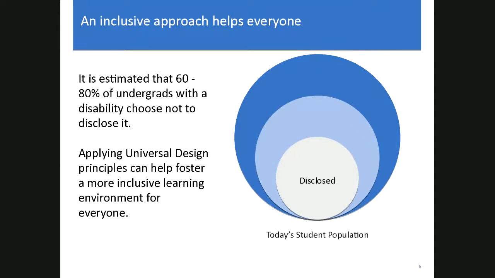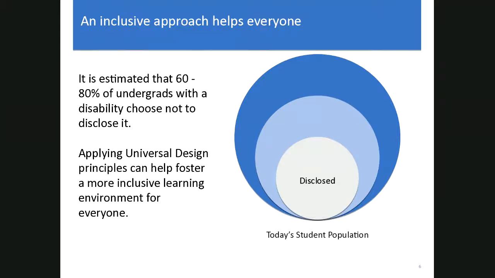Research has shown that about 60 to 80% of undergrads do not disclose a disability, even though they may have one. So that's a large portion of the students. For those students that have disclosed, most institutions have a policy, they have a department, the students go to that department, they can get their content in accessible formats and so forth.